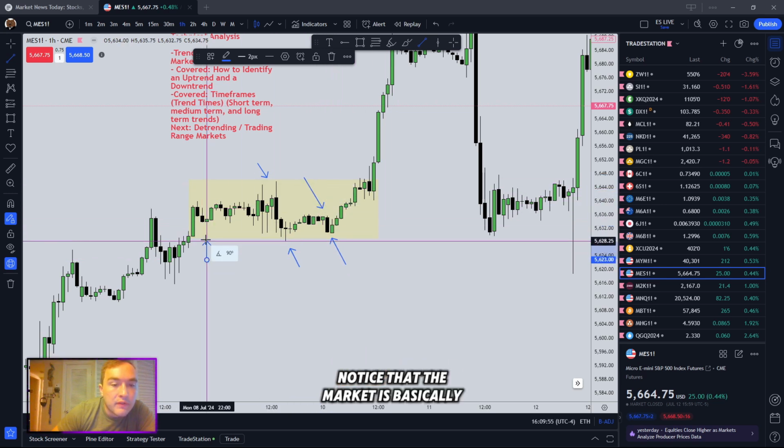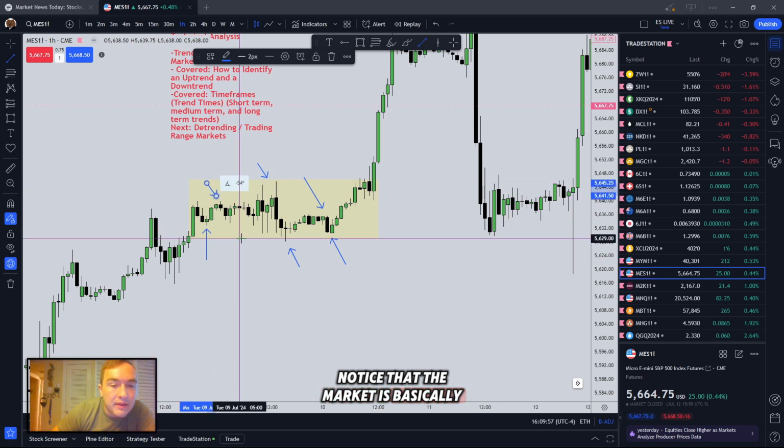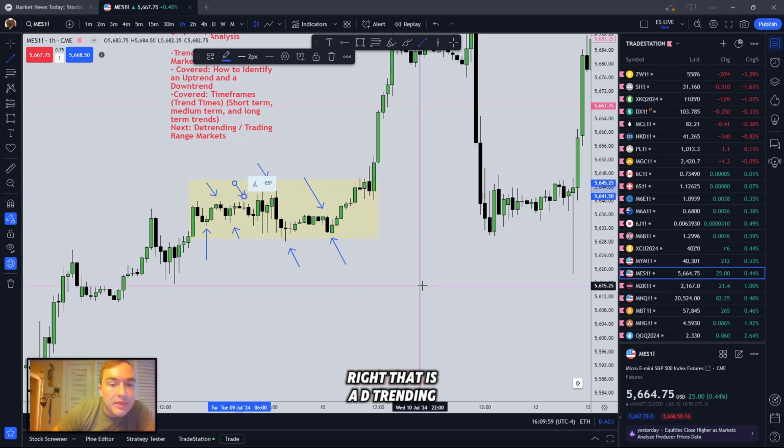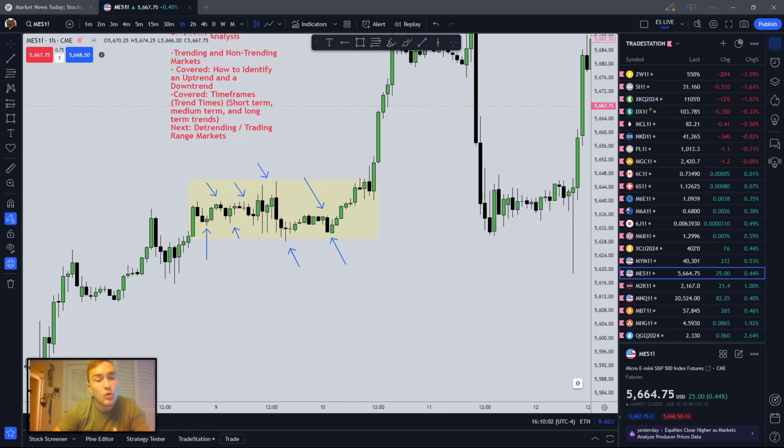Notice that the market is basically not moving too much, right? That is a detrending market, or a market that is within a trading range. That's how you can identify it, when it's kind of looking like it's going sideways.